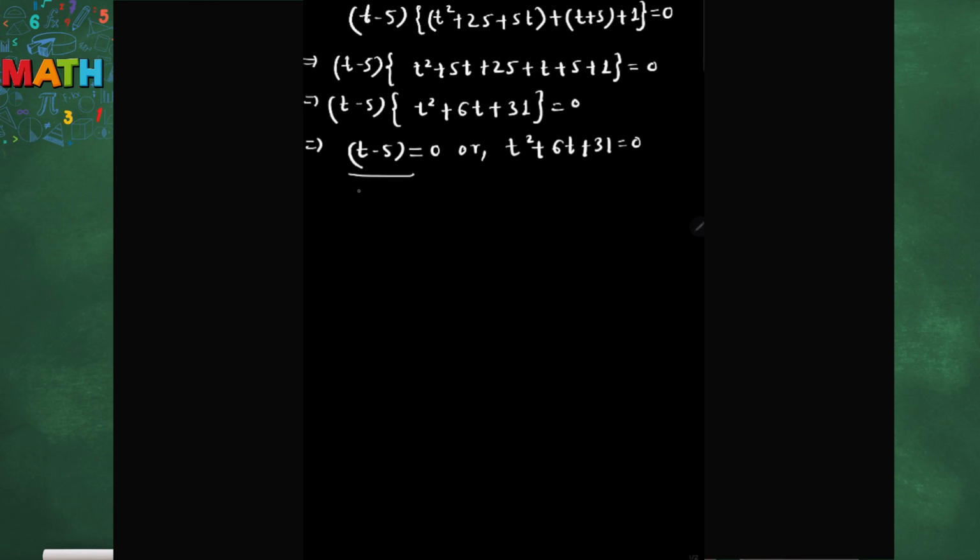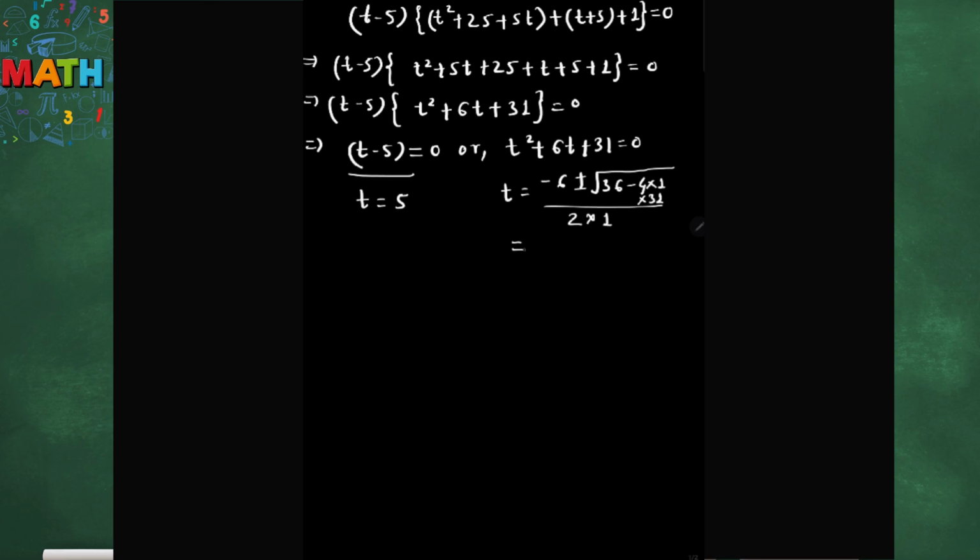So if you take this equation, t is equal to 5, and if you take this one, this is a quadratic equation, so t will become minus 6 plus minus under root b square, which is 6 square, that is 36, minus 4, a is 1, and c is 31, divided by 2a, which is 2.